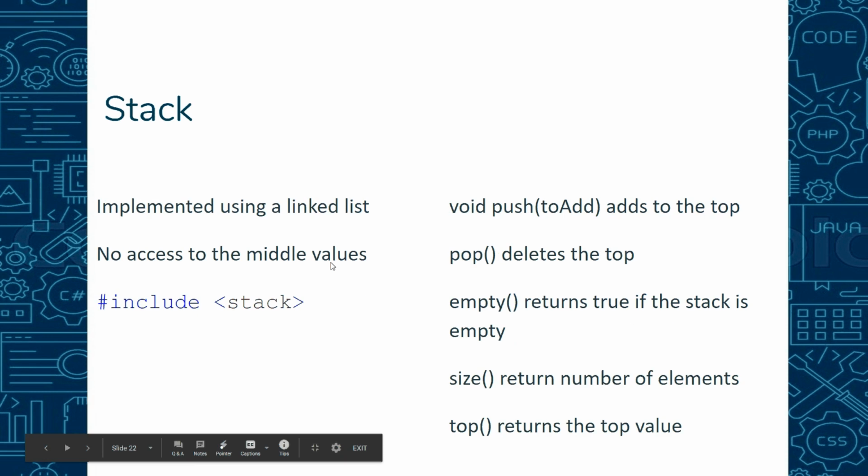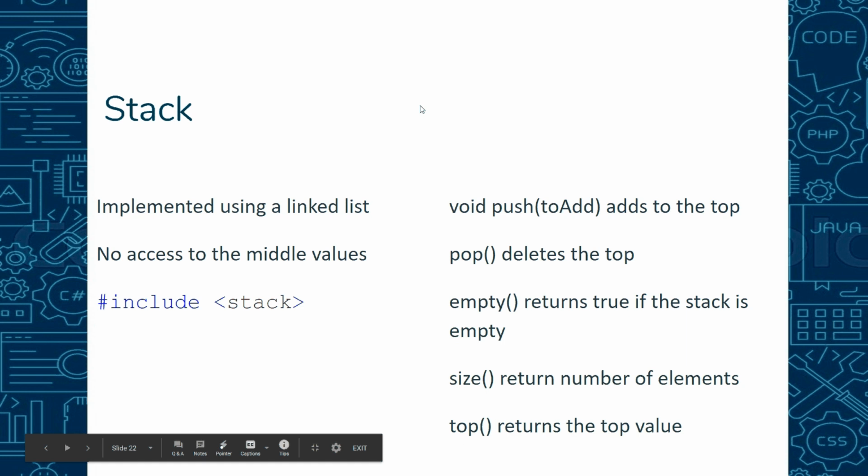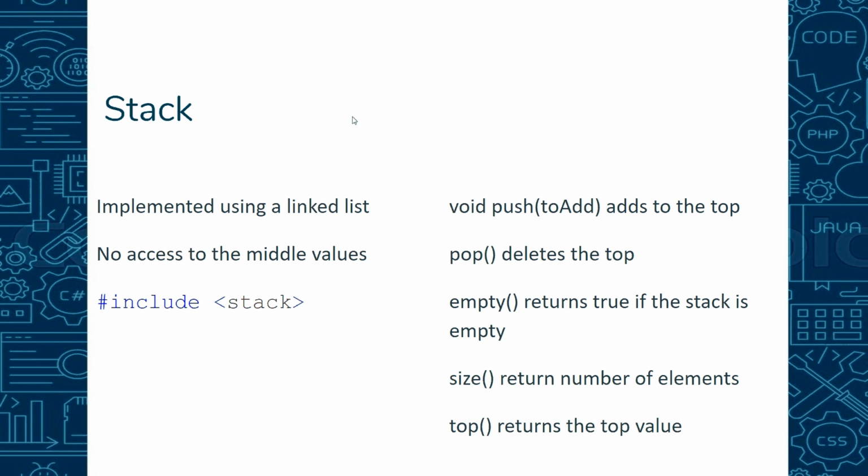Now you can do a stack. A stack is built into C++, and it is a templated object. To use a stack, you include stack, and your functions are push, pop, empty, size, top. We've created a stack before, and we're going to use that same code to create our own, but this is a built-in one.